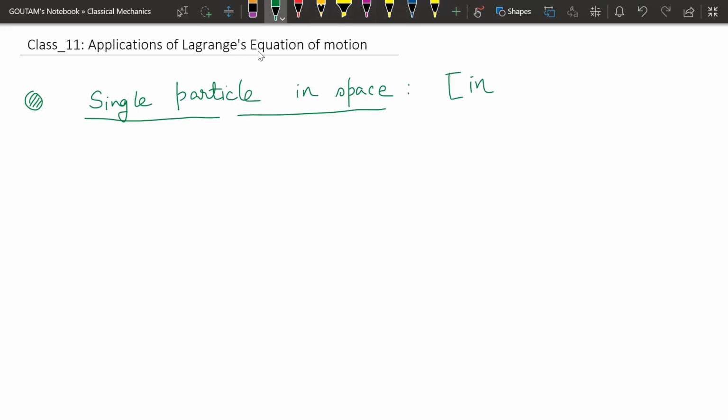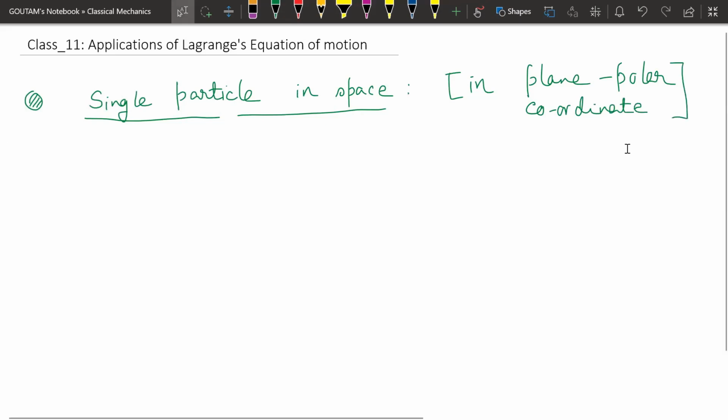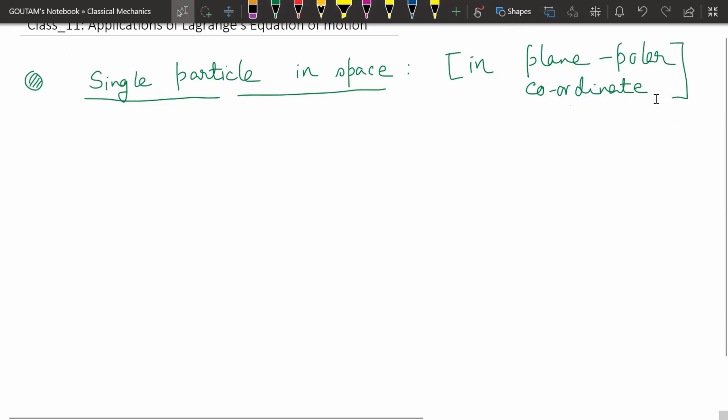Single particle in space in plane polar coordinates. In the last class, we talked about the same problem, but in Cartesian coordinates.